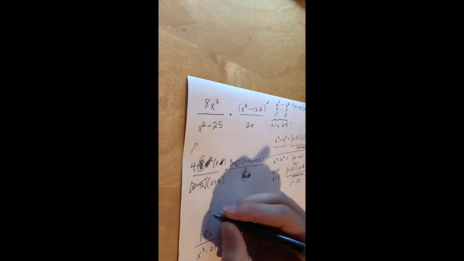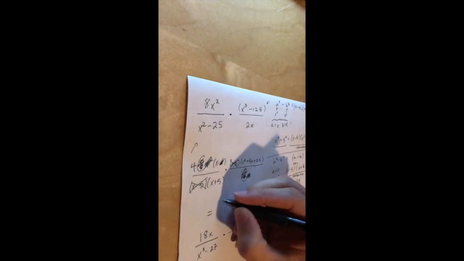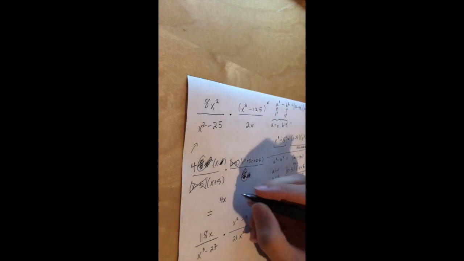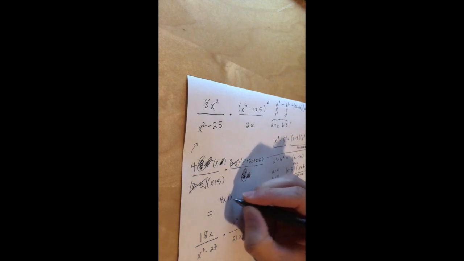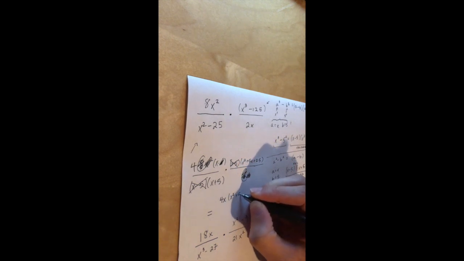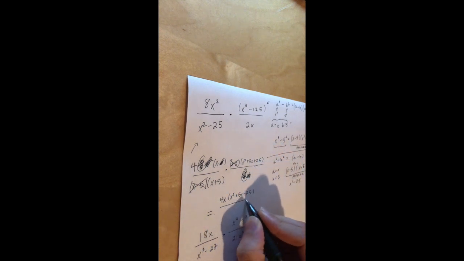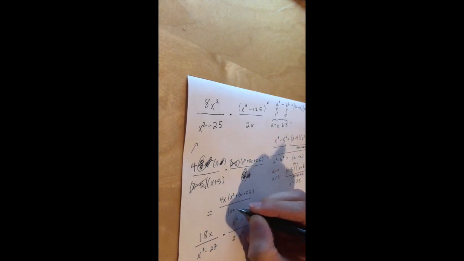So the final answer is going to be 4x, that's what we have left over here, a 4 times an x times what's over here on the right, the x squared plus 5x plus 25, over just x plus 5. Okay, and that's our answer.